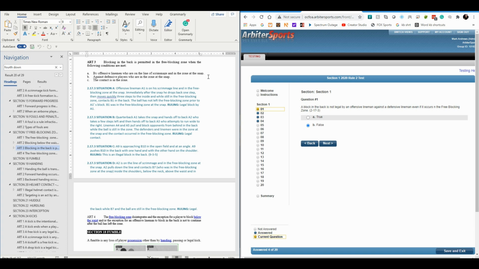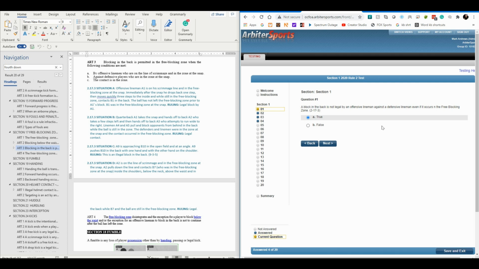We're not going to call an illegal block in the back when a defensive player is pursuing the runner or a loose ball. But that's the only way they can get away with it legally. And it has to be a push. Okay? So, the answer to question number 1 is true. Block in the back is not legal by an offensive lineman, even in the free blocking zone.